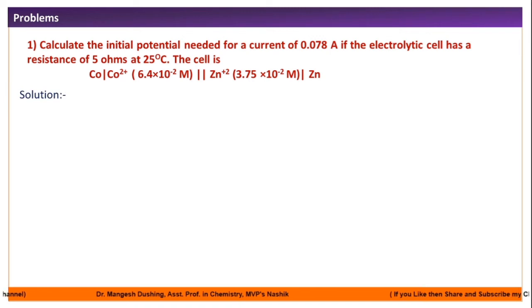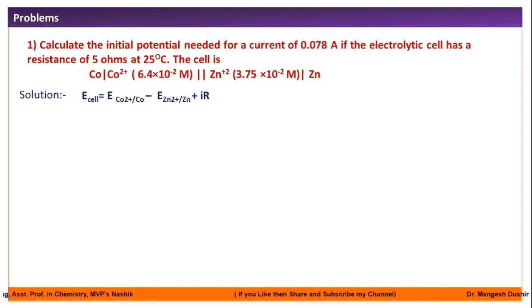So here we have to find out the initial potential needed for the electrolytic cell. The potential of the electrolytic cell is equal to the potential of the cathode minus the potential of the anode plus the IR drop.